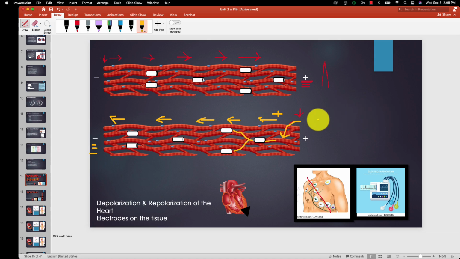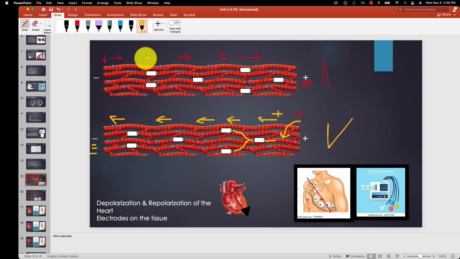Okay, so when we have a positive charge moving away from a positive electrode, we get a really cool sort of deflection here. What happens is we get one of these. Downward deflection.